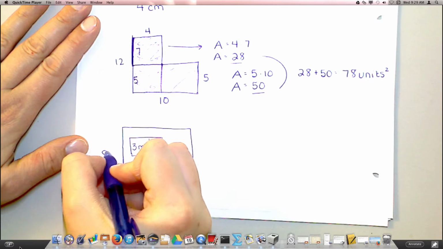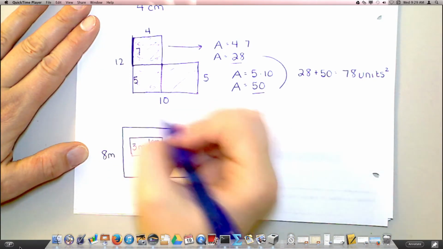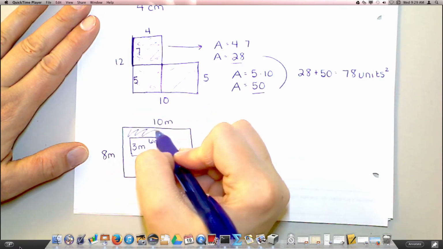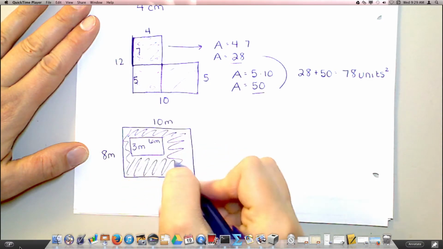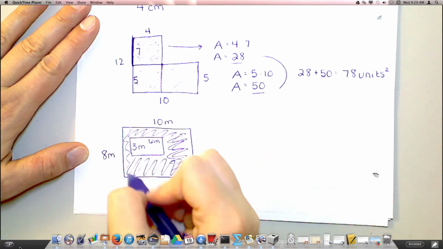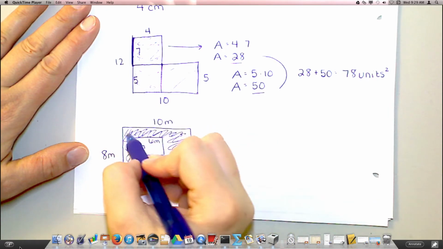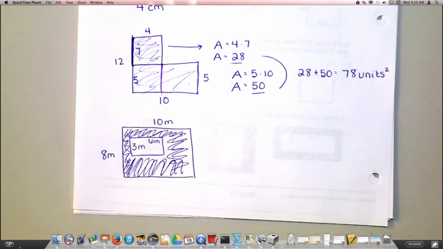This is 8 meters out here. Oh, this is 10 meters here. And this around the outside is shaded. Okay. This looks a lot prettier on your actual worksheet. And what I want to know is what's the area of the shaded space?